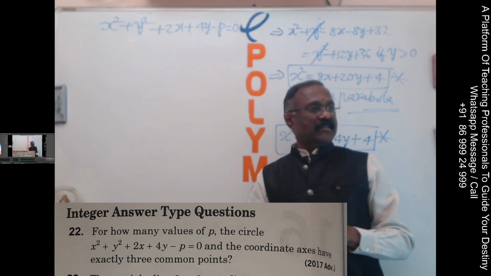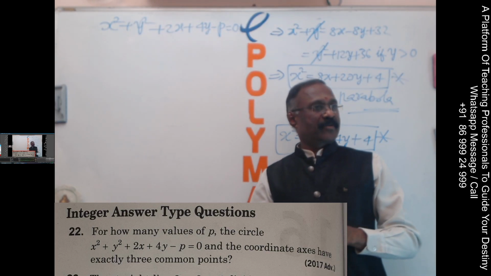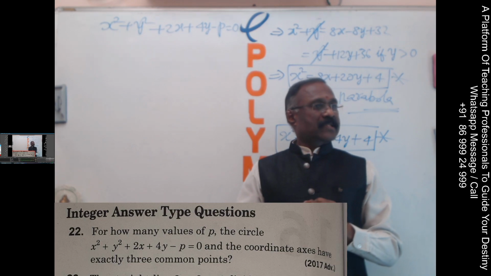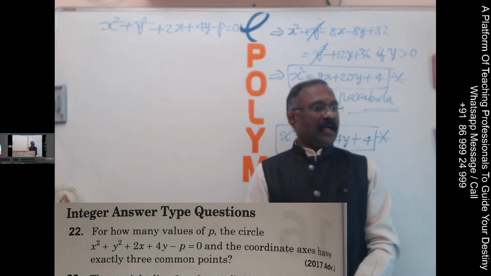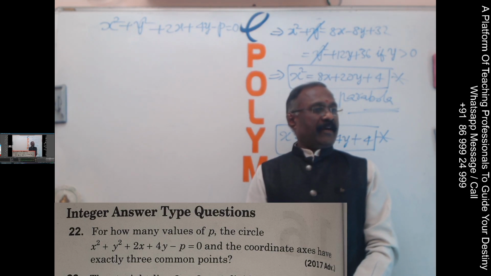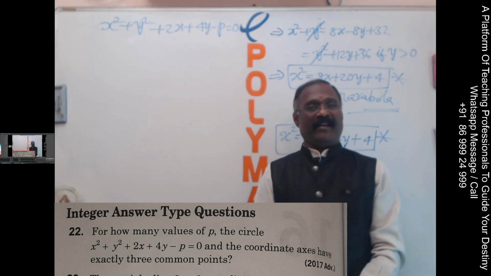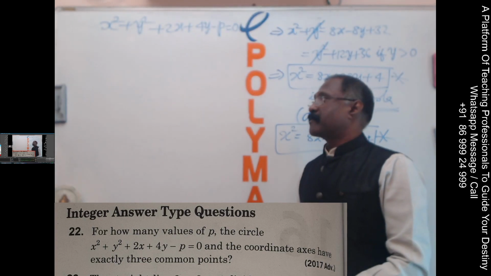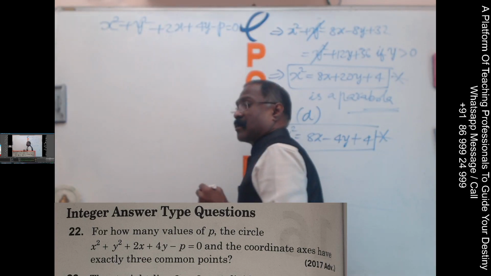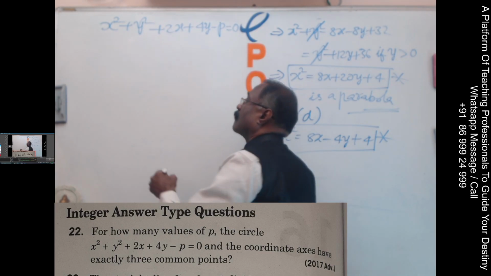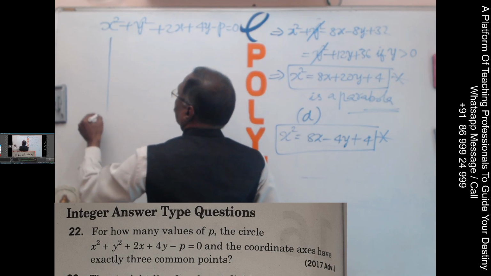Understanding such questions itself is difficult sometimes. What he means to say is: for how many values of p do the circle and the coordinate axes have exactly 3 common points? Let us assume different cases here.